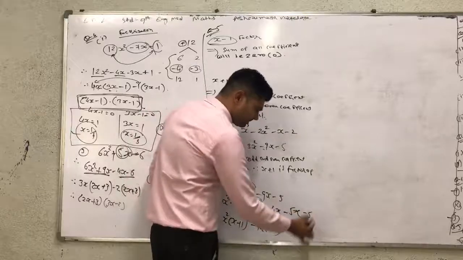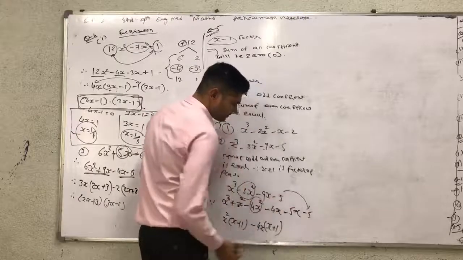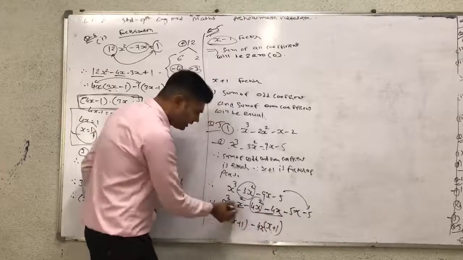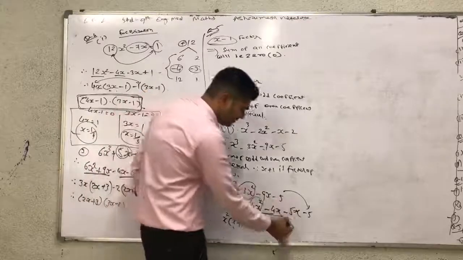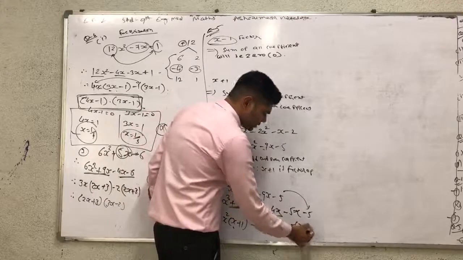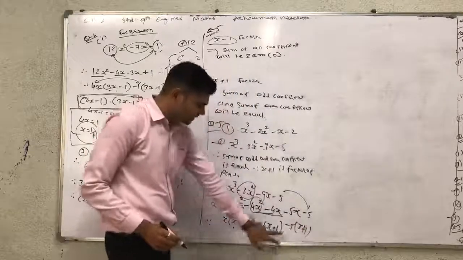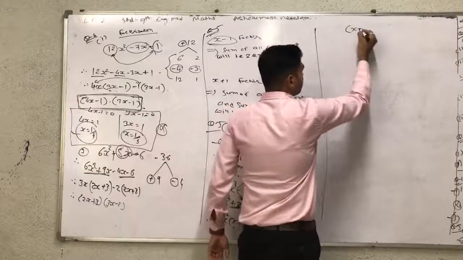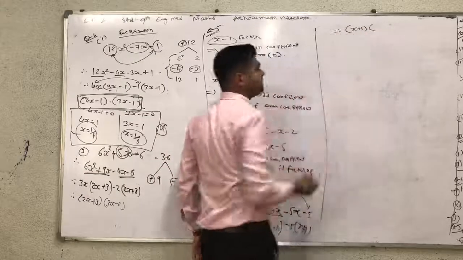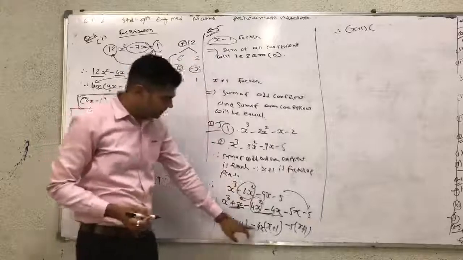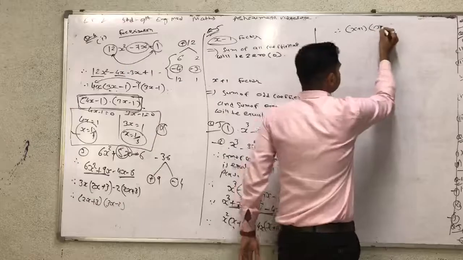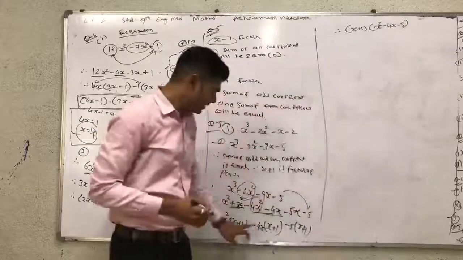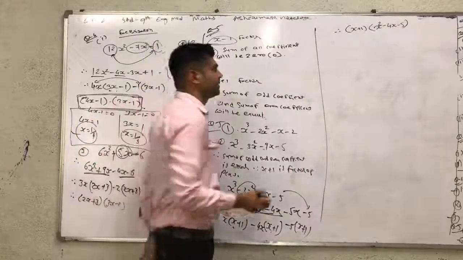And then minus 5. So in two terms we have to take this common. Now minus 5 common, so x plus 1 remains. So in all terms x plus 1 is common. The remaining term is x square minus 4x minus 5.